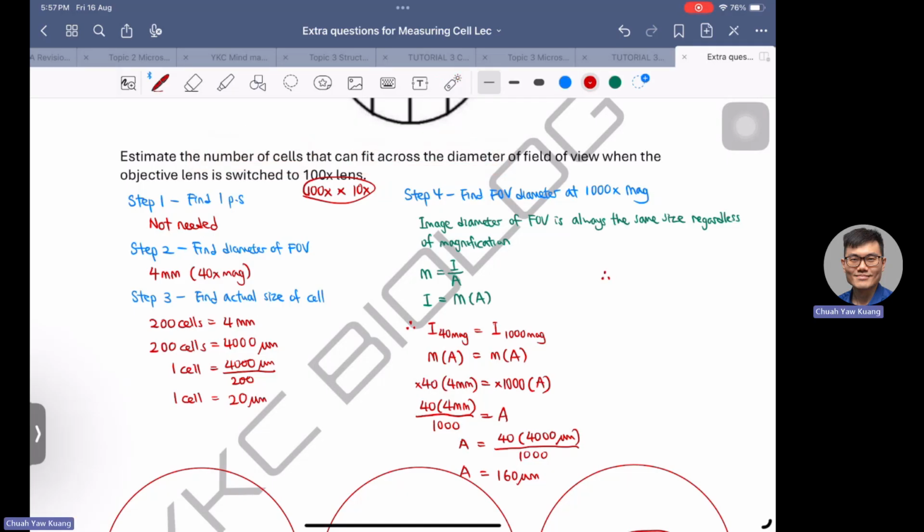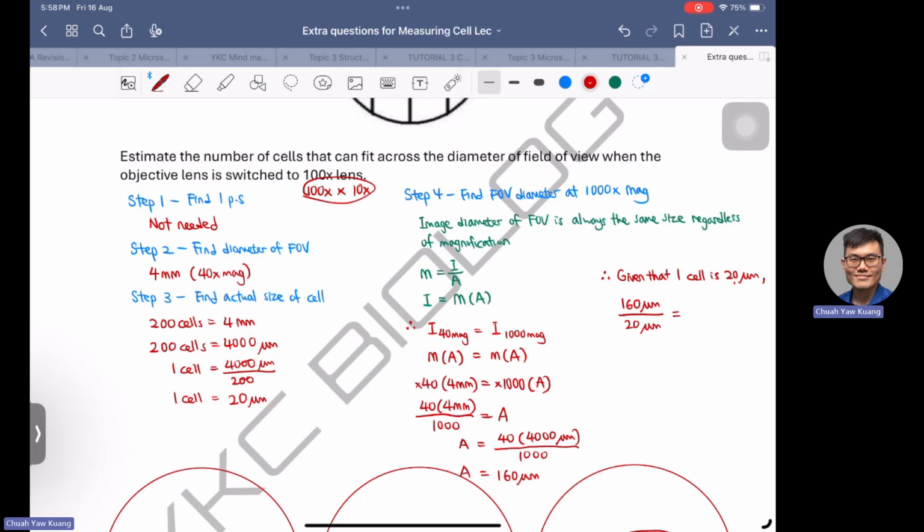The diameter is 160 micrometer, and given that the actual size of one cell is 20 micrometer, based on the calculation here, across the diameter it will be 160 micrometer divided by 20 micrometer for one cell.